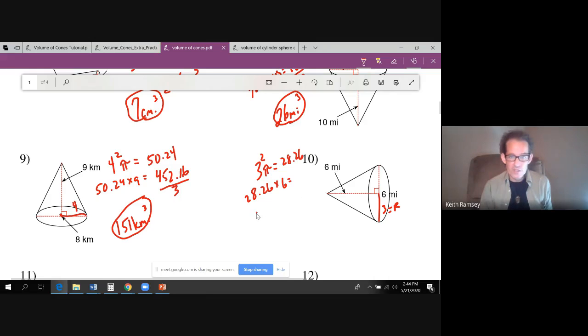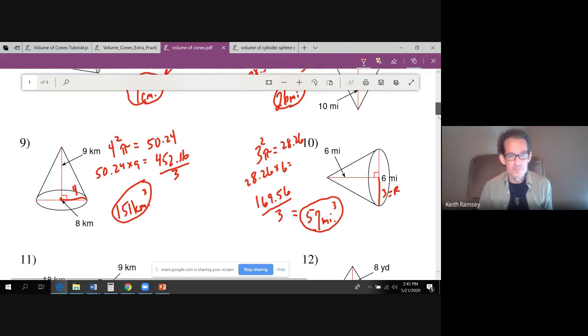And that should equal 169.56. Then the last step is divide that by 3 for the volume. I got 56.52. Let's round that up to 57. 57 cubic miles is your answer for number 10.